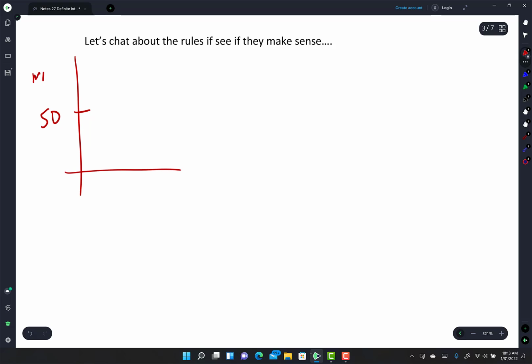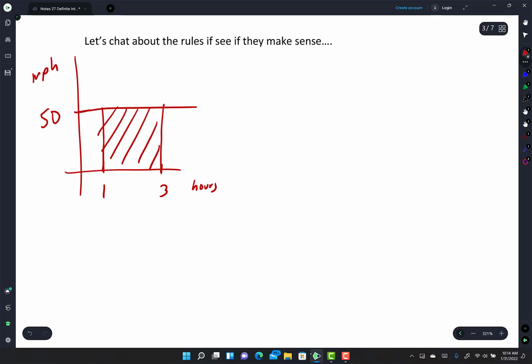So 50, and this is mph, and this is in hours. Between hour 1 and hour 3, I'm going 50 miles an hour. I want to know how many miles did I travel between t equals 1 and t equals 3.